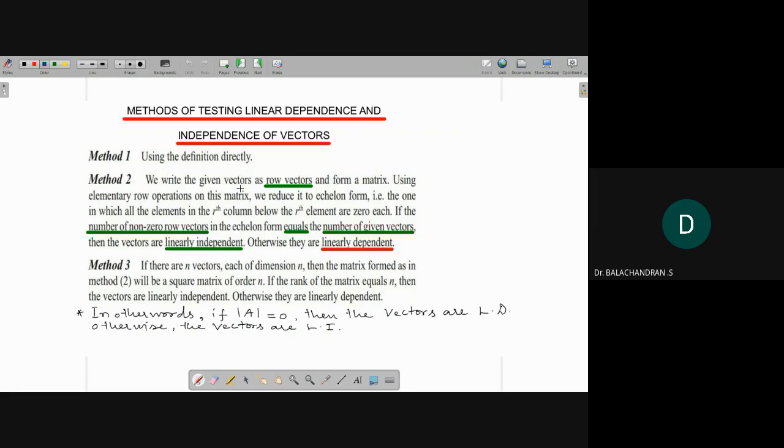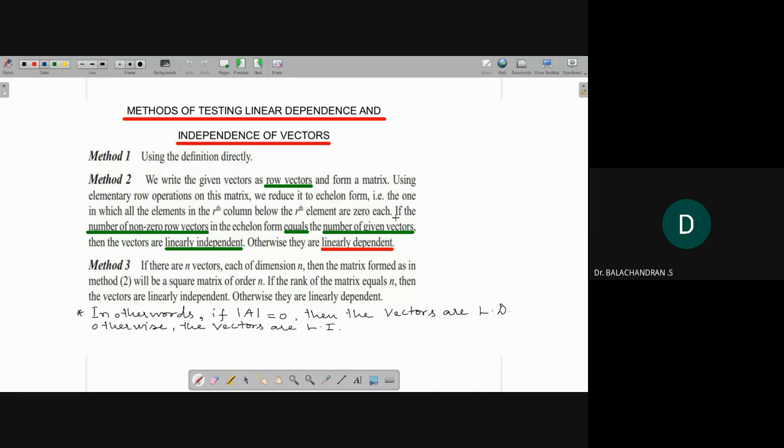Method 2: you should convert the given vectors into row echelon form. We write the given vectors as row vectors and form a matrix. Using elementary row operations on this matrix, we reduce it to echelon form, that is, the one in which all the elements in the rth column below the rth element are 0.